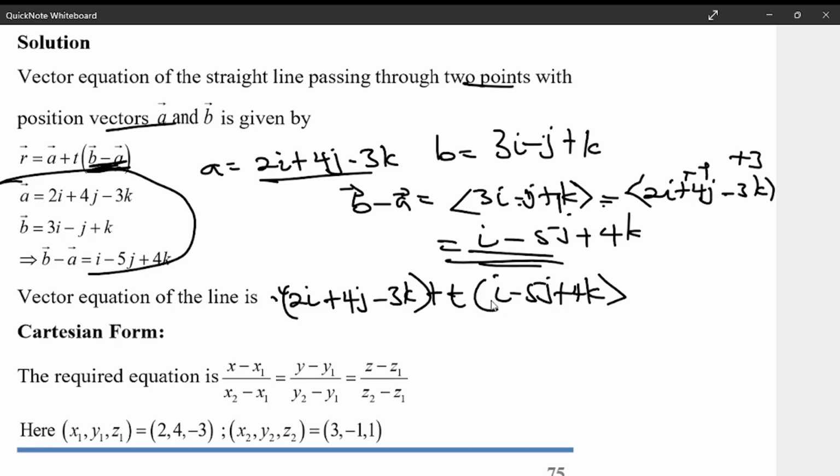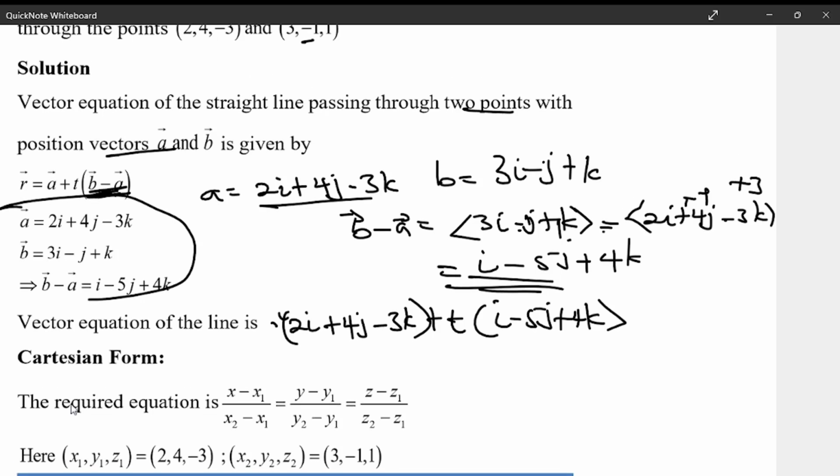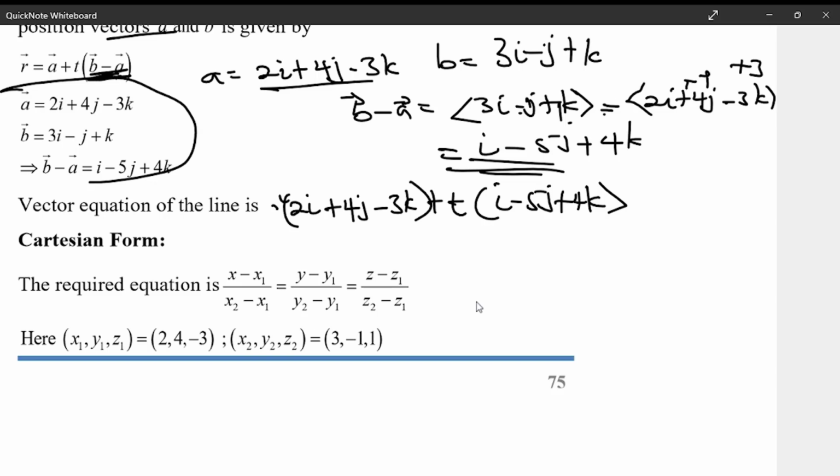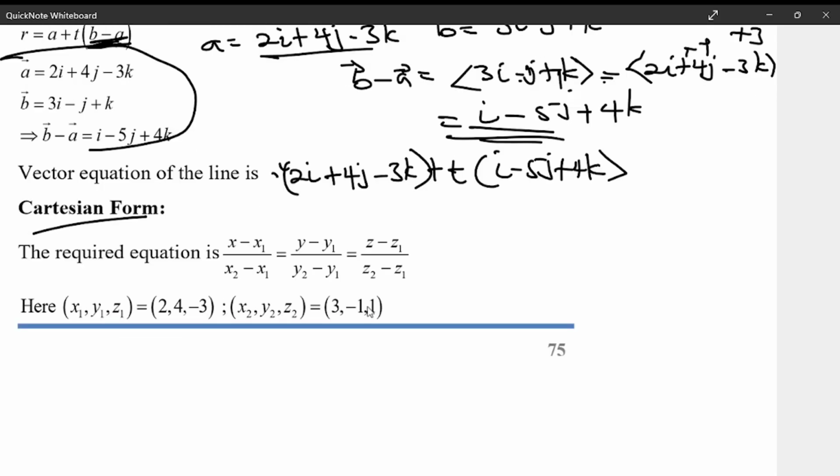Alright. So the Cartesian form of the equation is also given as this: x minus x1 over x2 minus x1, as well as y minus y1 over y2 minus y1, and then z minus z1 over z2 minus z1.